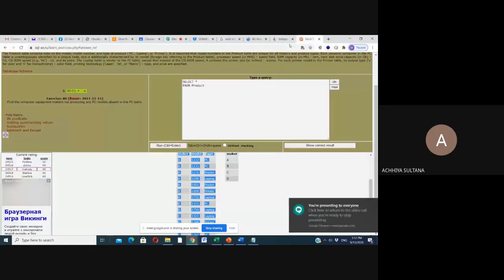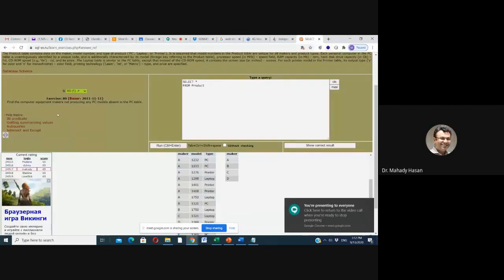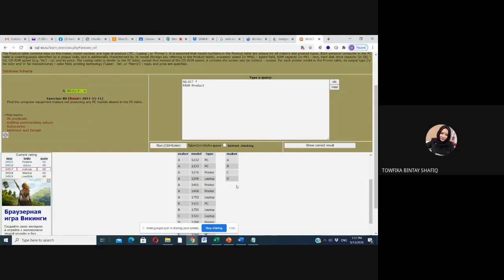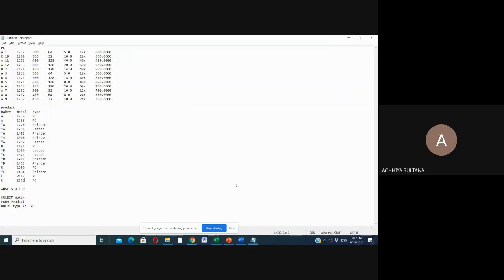No, sir. So the question and the answer, you are convinced with that, right? Yes, sir. The question: the computer equipment makers not producing any PC models absent in PC table, and the answer is A, B, C, D. It's clear, right? Yes, sir, it's clear. Now how can we retrieve this query?